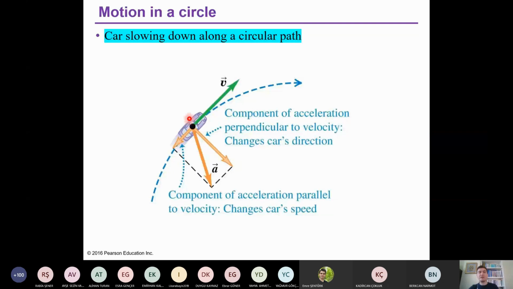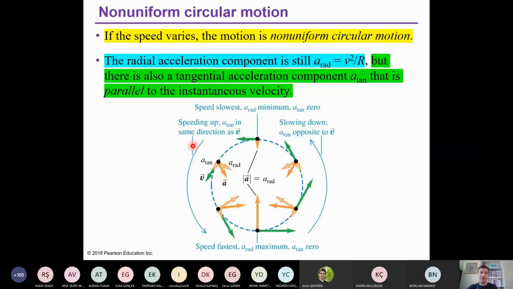Okay, now let me come back here. So if the motion is non-uniform circular motion, then the radial acceleration component is still A radial equal to V square over R. So here we have radial component, radial component, radial component, and radial component.